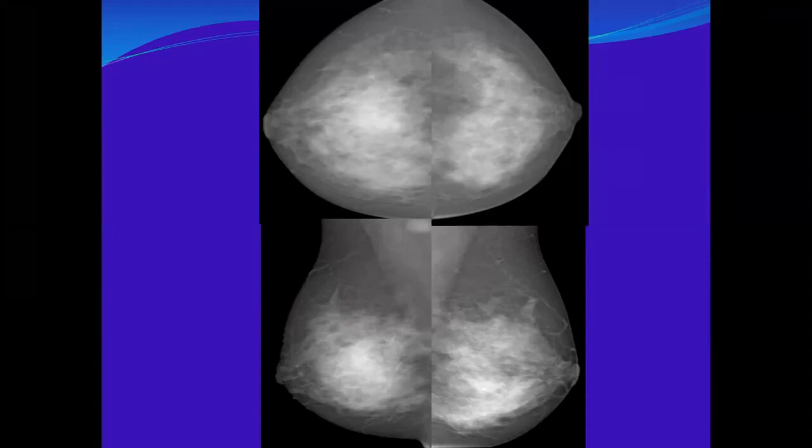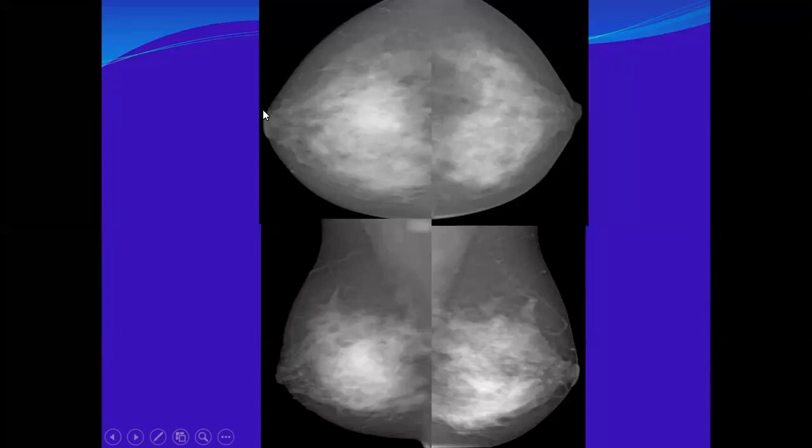Any volunteer? It lacks the conspicuity of a mass. Yes, it does not fulfill the criteria of a mass. So we call it an asymmetry. Heidi, you described it well and picked up subtle findings.